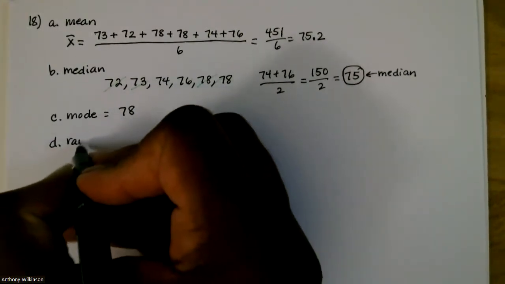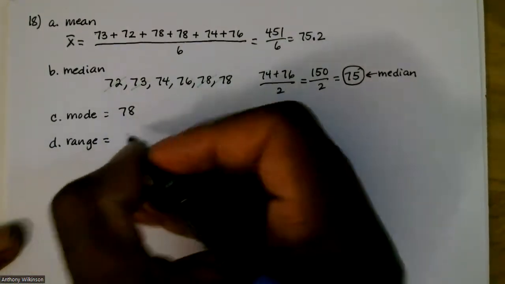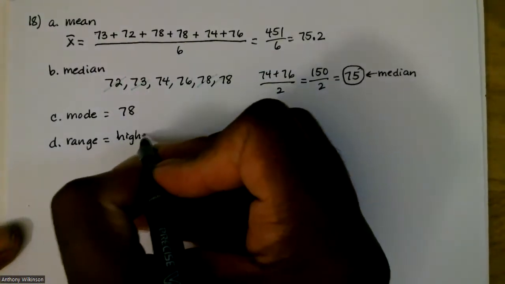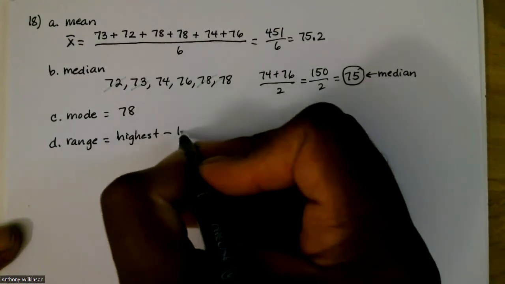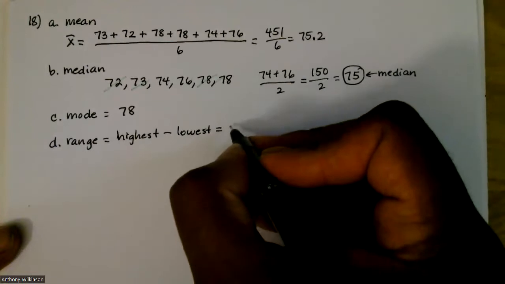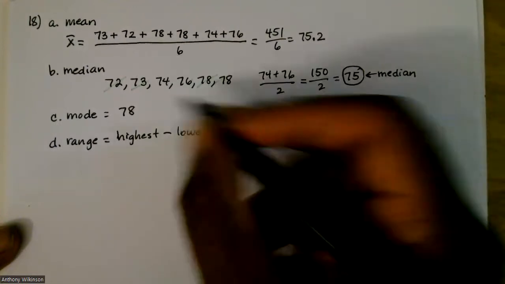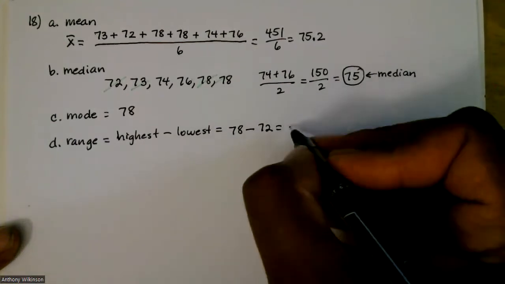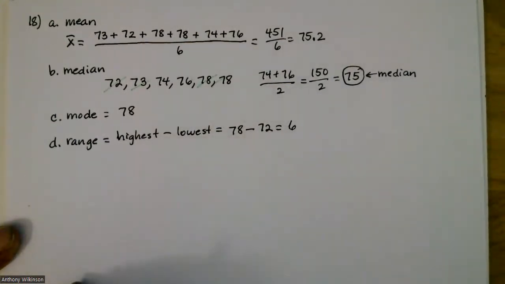Part D was finding the range. And the range is always going to be the highest data value minus the lowest data value. And in this case, the highest data value is 78. Minus the lowest data value, that's 72. Subtract 72 from 78, you will get 6.